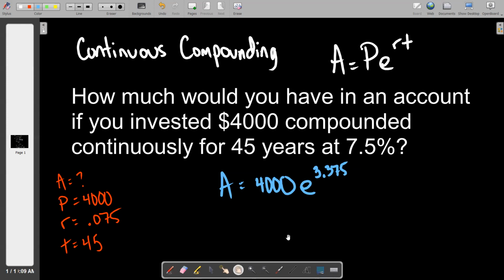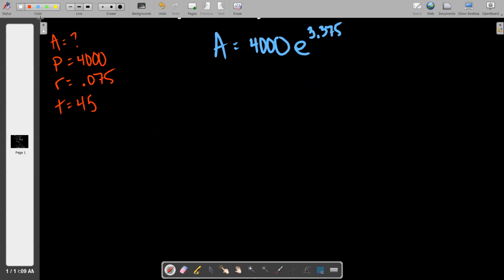The way you're going to do it on your calculator is you're going to first type in. I'm just trying to show you what your screen would look like. I'll use a TI 30. Mine looks like most of yours. So first I'm going to type 4,000.